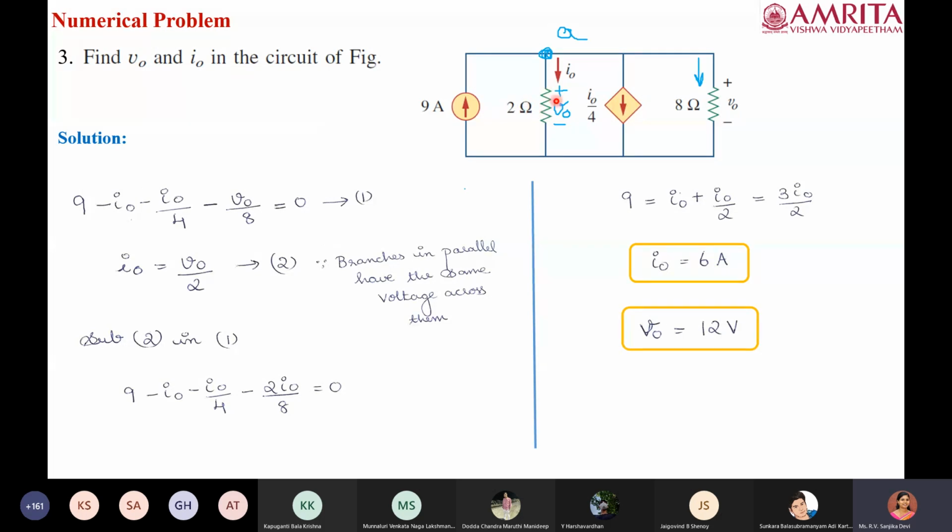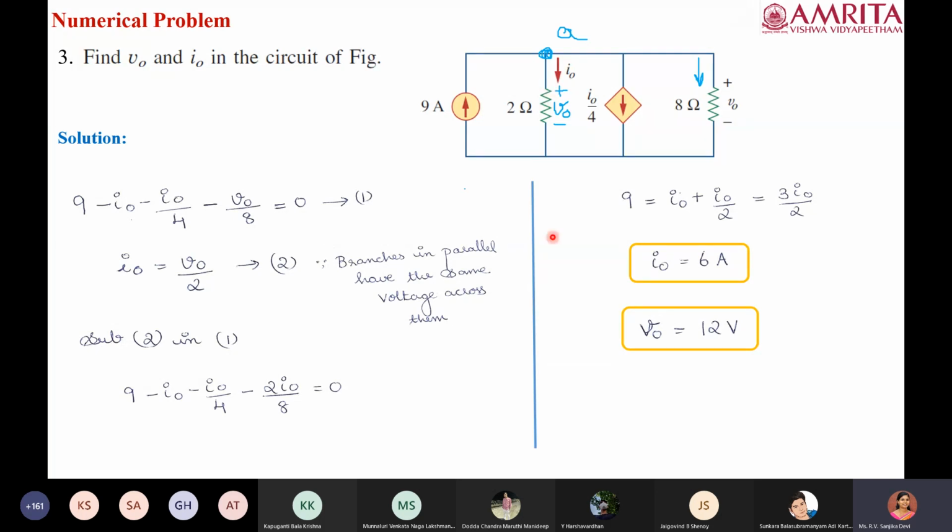For I0, 6 ampere current is flowing, whereas for the 8 ohm resistor the current is V0 divided by 8, so 12 by 8, which is 3 by 2 ampere. So 3 by 2 ampere flows through the 8 ohm, whereas 6 ampere flows through the 2 ohm. The currents are not the same across the parallel elements, but the voltages are the same.